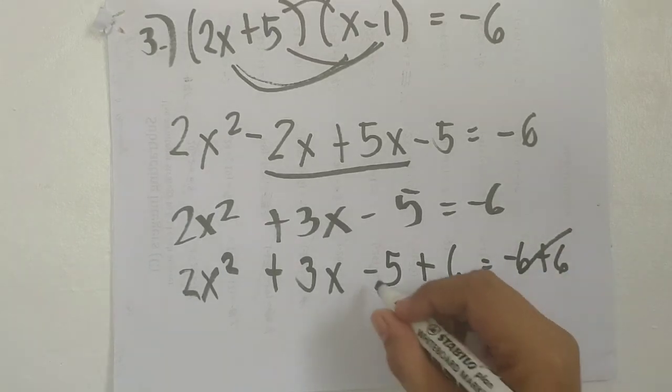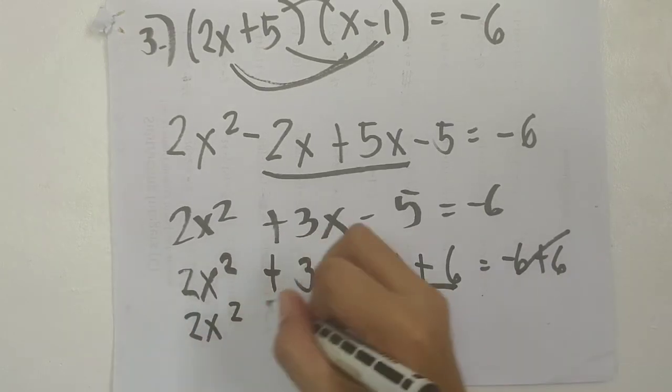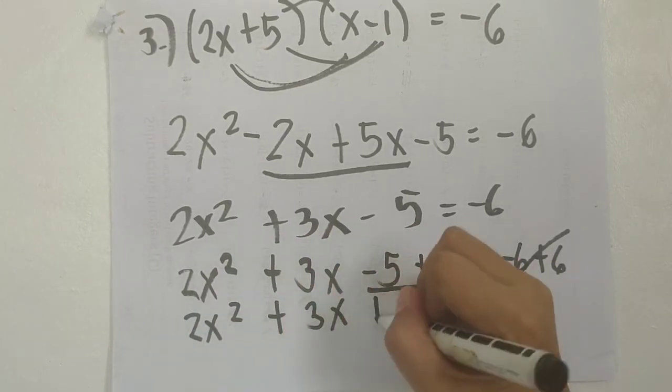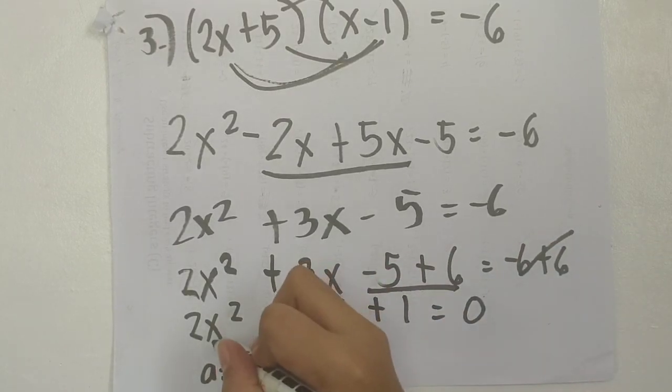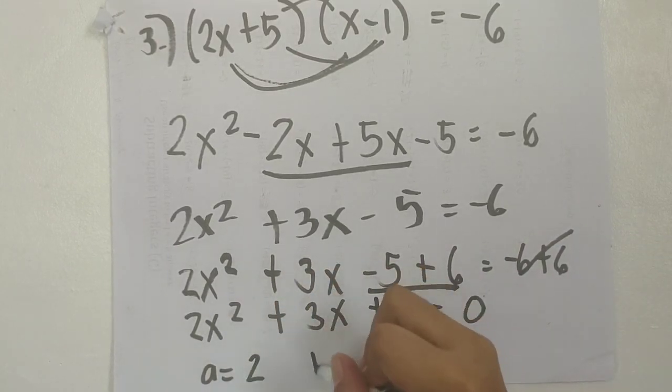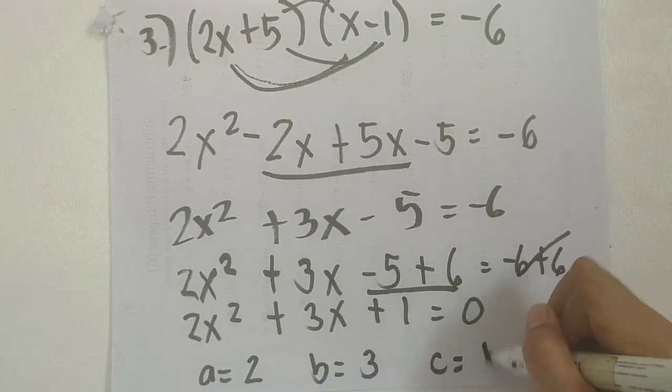So, magiging 0 na to. Combine similar terms ulit. So, we have 2x squared plus 3x plus 1 is equal to 0. So, yung A natin, manggagaling dito sa first term. So, 2. B sa second term, 3. And then sa C, we have 1.